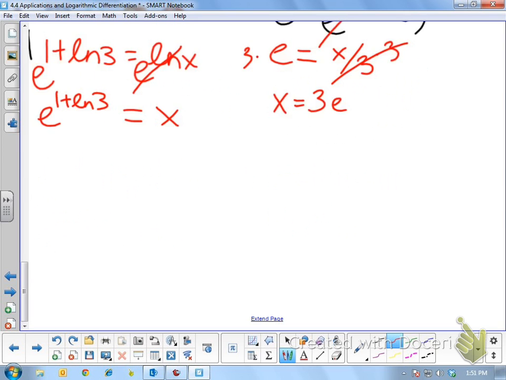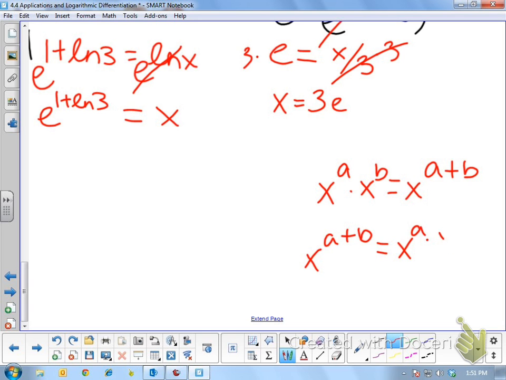And now here again is where we need to be more flexible with some of our pre-calc knowledge. We're really good at taking x to the a times x to the b and writing it as x to the a plus b. We're really bad at taking x to the a plus b and writing it as x to the a times x to the b.